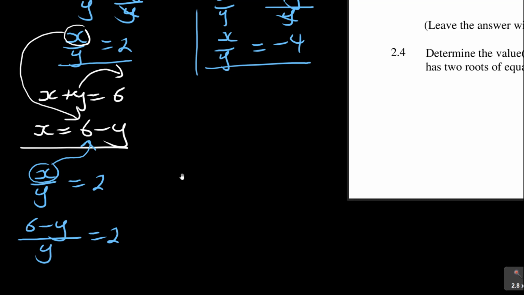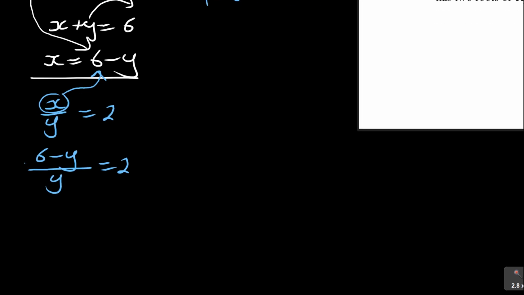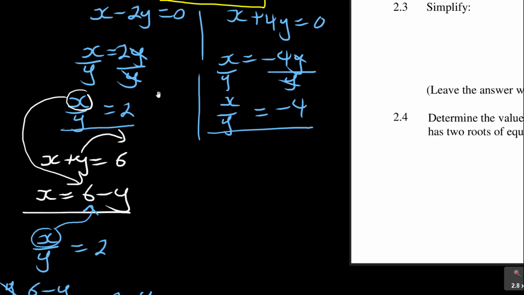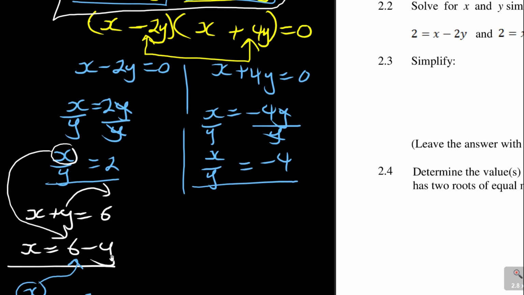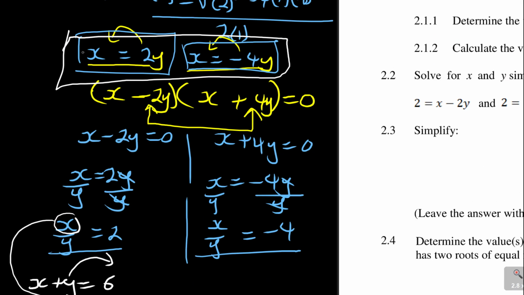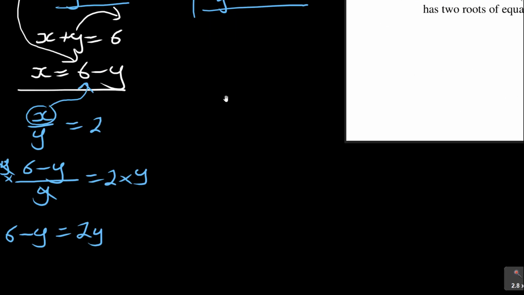Do you see what is happening there? And then from here I can multiply by y on both sides, so that 6 minus y is equal to 2y. It's back again to this equation I told you, x is equal to 2y, but I said what is my x? X is 6 minus y. So when you put here 6 minus y, you will have 6 minus y is equal to 2y. See that? So it's the same thing.